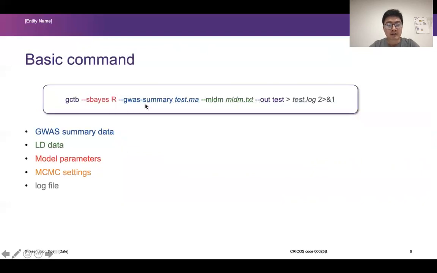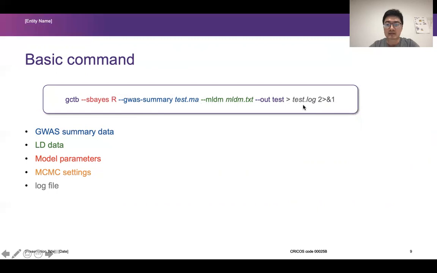This flag specifies the input file for the GWAS summary statistics. And we also need a flag to input the LD matrix. --out specifies the output file name for all the output files.